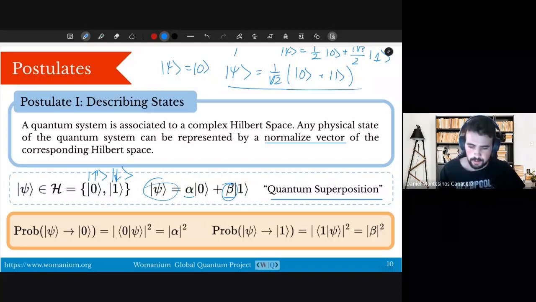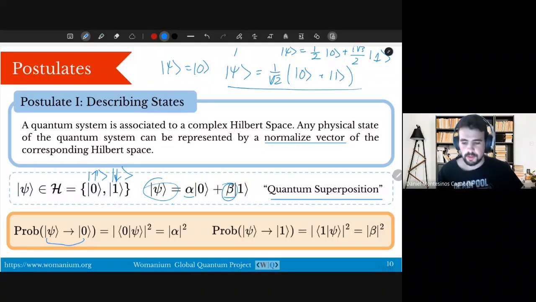For example, the probability for this state to go to the 0 state is going to be this expression, which is the square of the norm of the scalar product of the state you want to know the probability for with the state that you have, right?